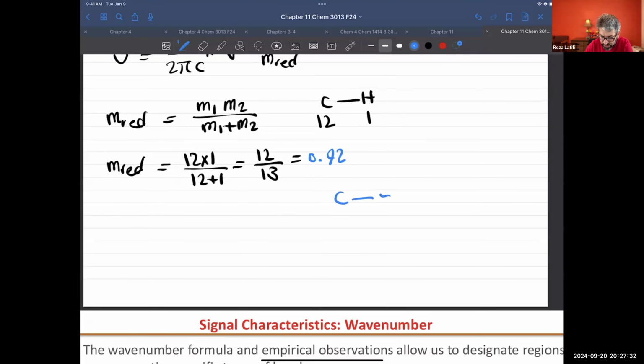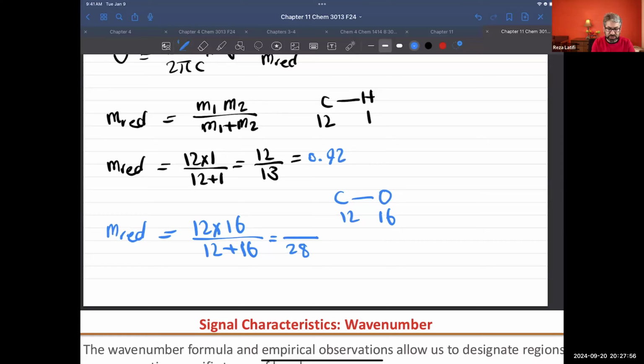We have 12 multiplied by 16 divided by 28. The number I got is 6.86. Okay, so from 0.92, we jump to 6.86.